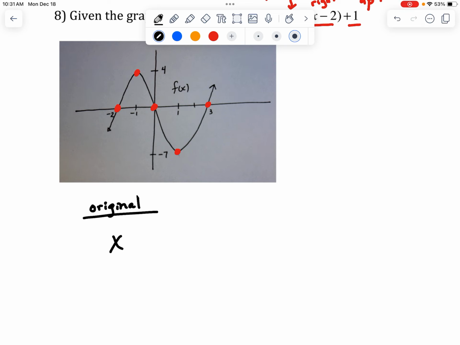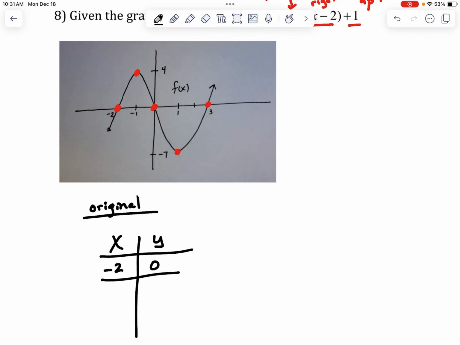And I'm going to make a little table with X's and Y's. And the first red dot is at -2 and the Y value is 0. The next red dot up here, that means X equals -1 and Y equals 4.